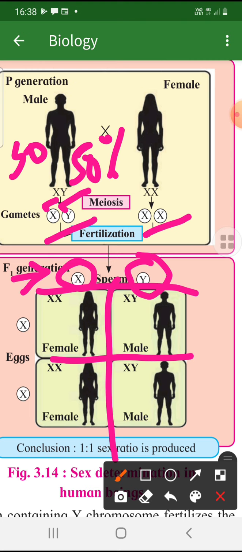Okay, so sperm will have one X type, another Y type, whereas in female all would be similar, they will all be X chromosome.